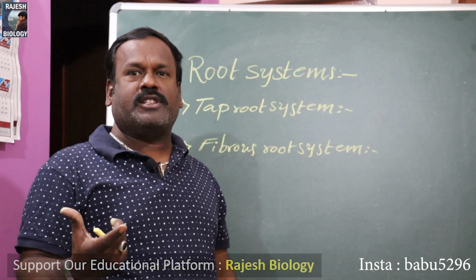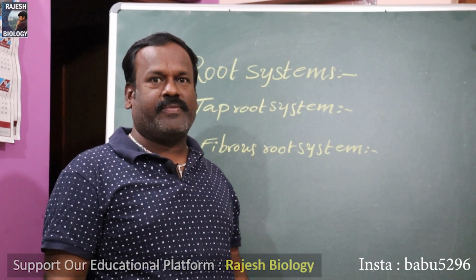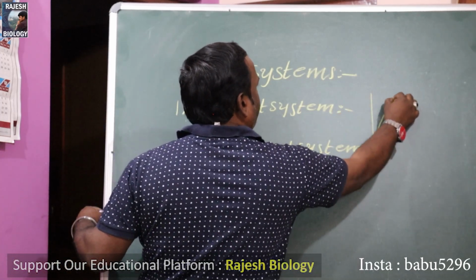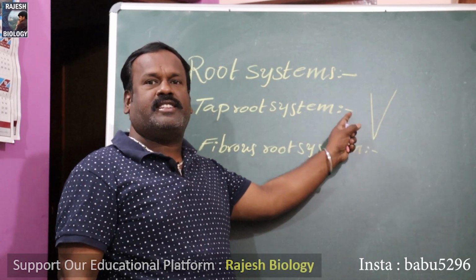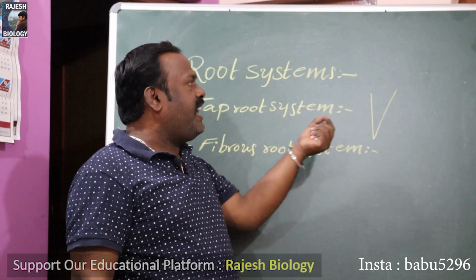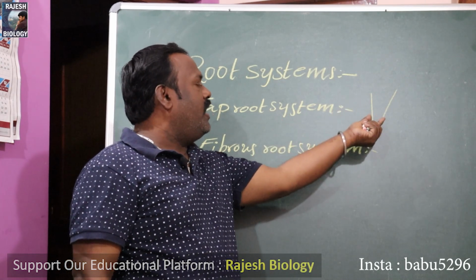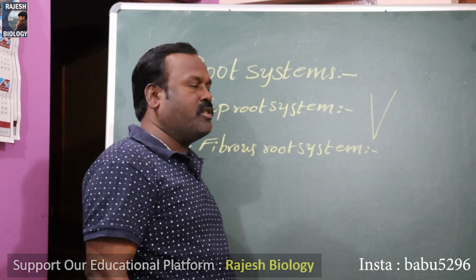In a tap root system, one primary root is present. During seed germination, the radicle bulges and converts into the primary root.